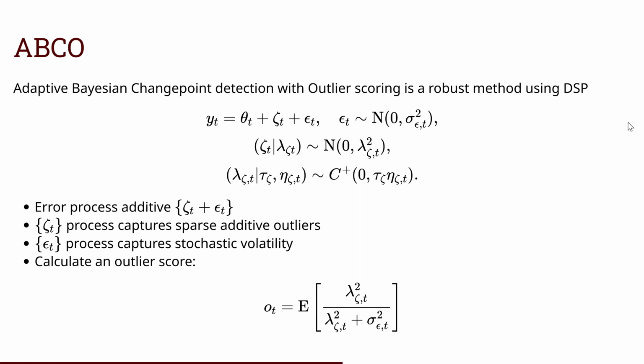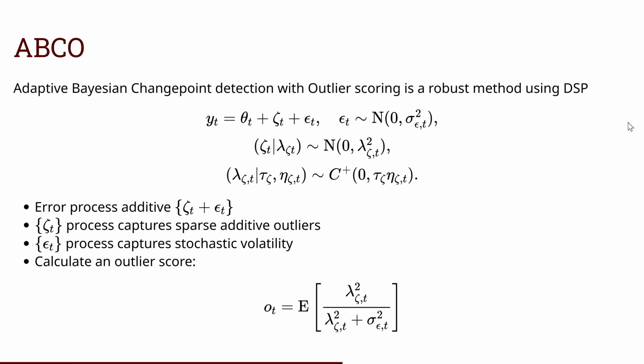The first one is on the data level. For the Y's, we added an additive outlier process, zeta. You don't really need to pay attention to anything, but zeta is just another latent process for additive outliers at the measurement level. We model it using a horseshoe plus prior, which is just like the horseshoe, but even sharper, so you have more zeros than a horseshoe.